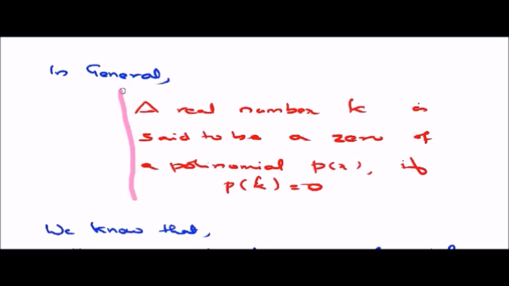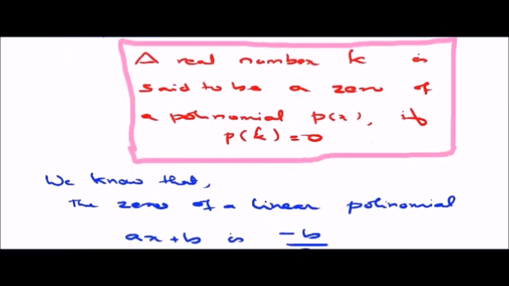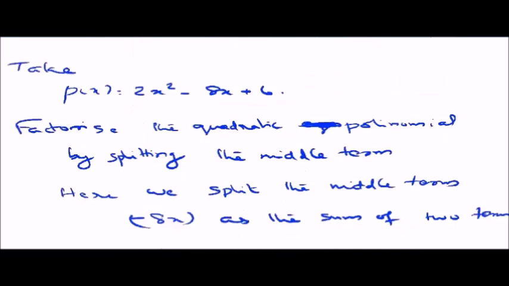We know that the zero of a linear polynomial ax plus b is minus b by a. That we studied last year. That is, minus the constant term divided by the coefficient of x.